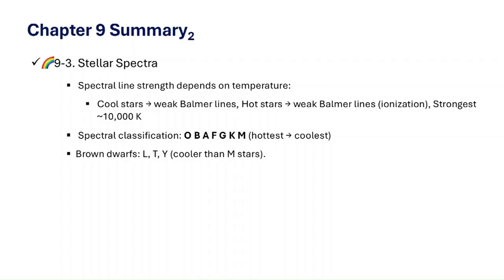And the lines are strongest at intermediate temperatures, around 10,000 Kelvin. So using these lines, astronomers classify stars into spectral types O, B, A, F, G, K, M, from hottest to coolest. Remember?